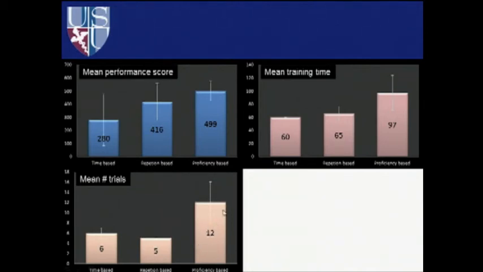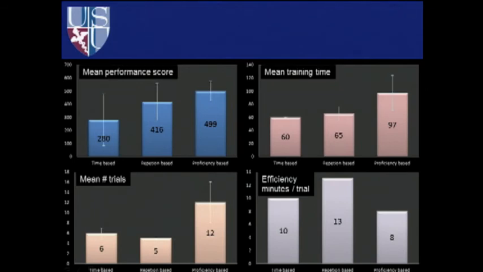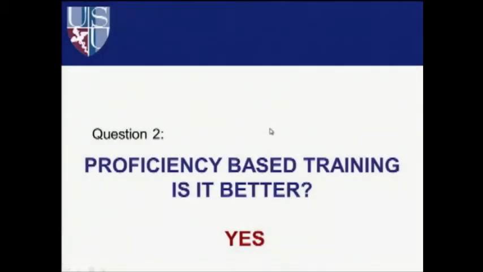But again, a lot of variability here in the mean number of trials in the proficiency group, reflecting those who are natural versus non-natural performers. And this is just a graphic representation of the efficiency in minutes per trial, and again, maximized for the proficiency-based group. So based on these, I think we can say in terms of utilization of expensive simulation-based resources and producing the desired outcome, that proficiency-based training is better for these types of applied abstract simulation training models.